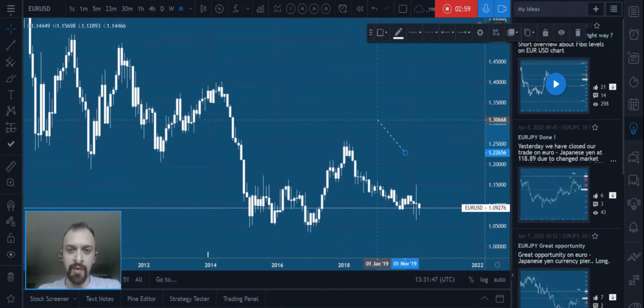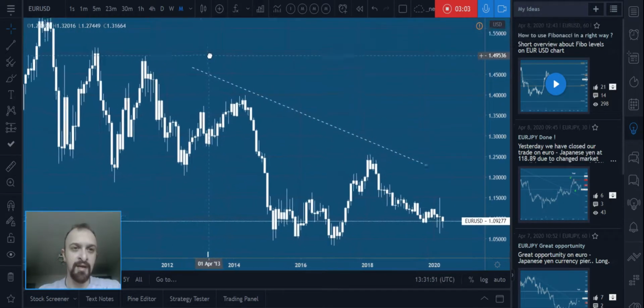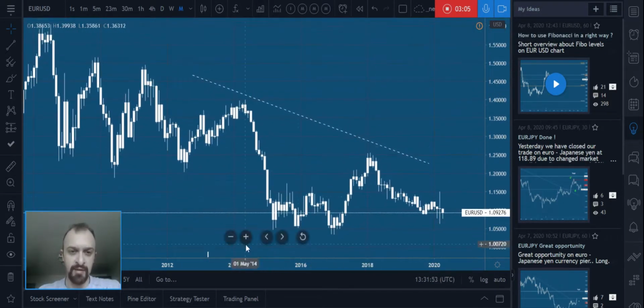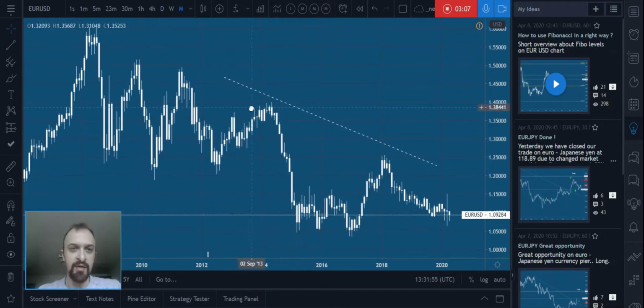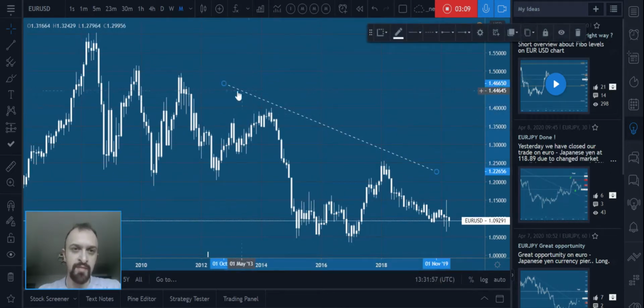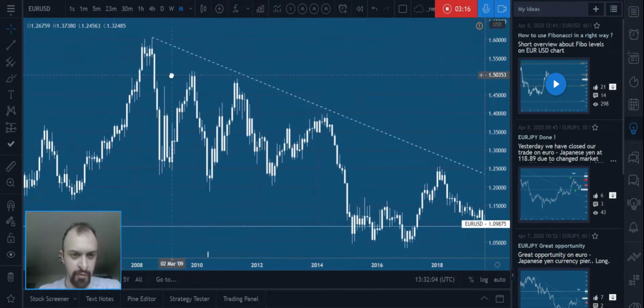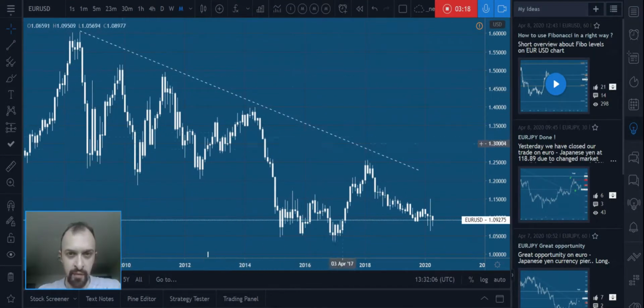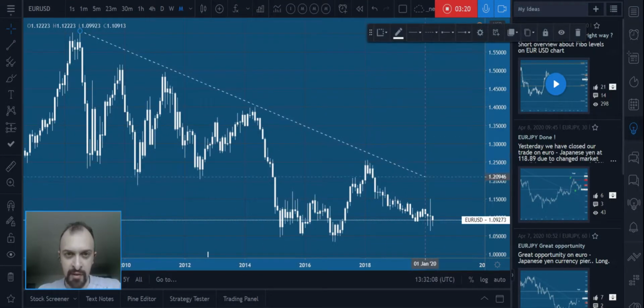Always start from the beginning of the trend, and you must not miss any peaks. The highest price we have here was in 2008, of course, and then we have a downtrend, and you see I'm drawing a trend line.